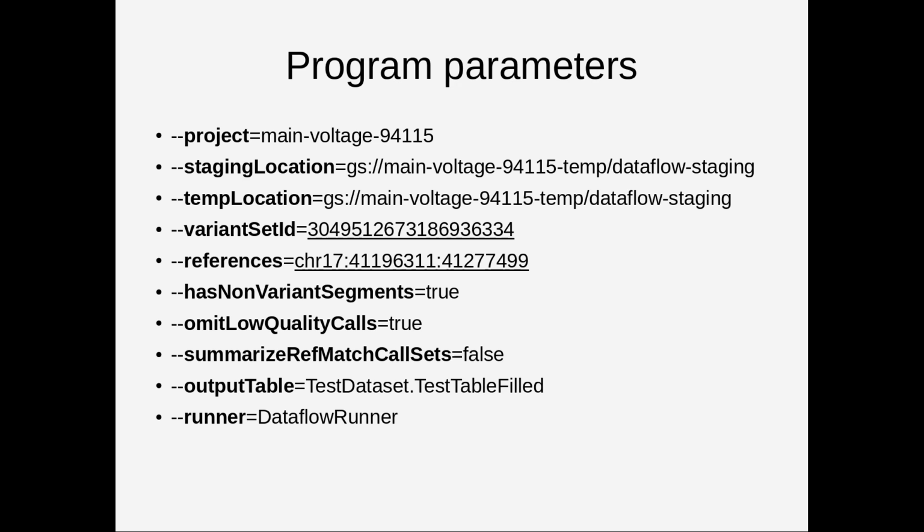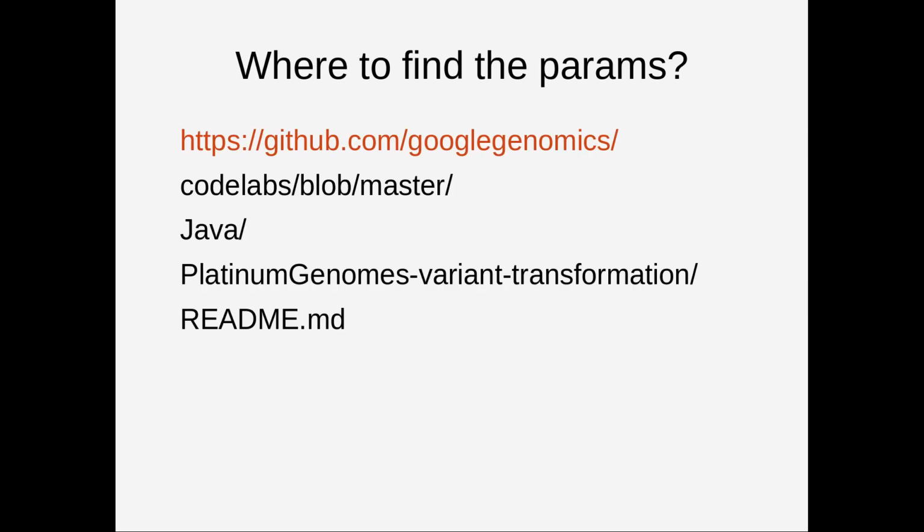So where are we going to get these arguments, these parameters? We don't want to just type them, so just go to this readme file, and it's easy to copy paste, and there is a really good explanation of how it works.